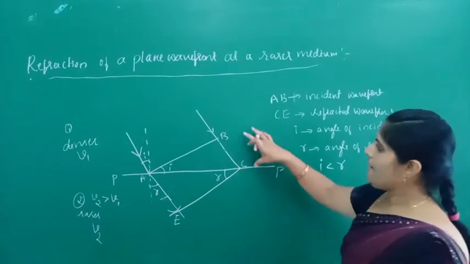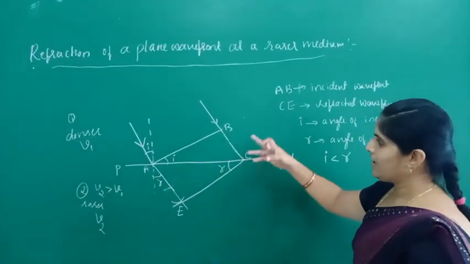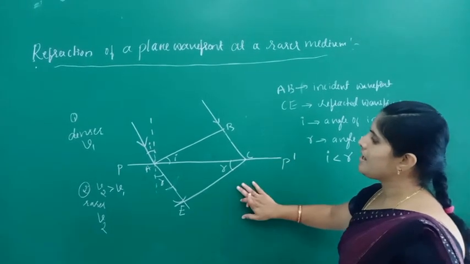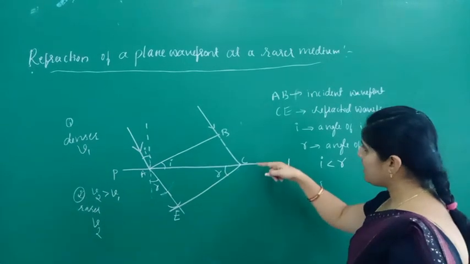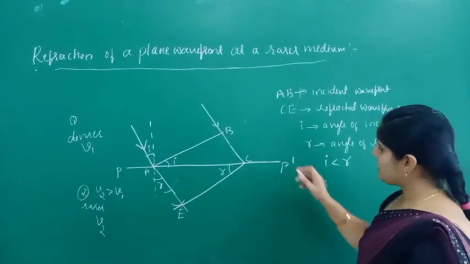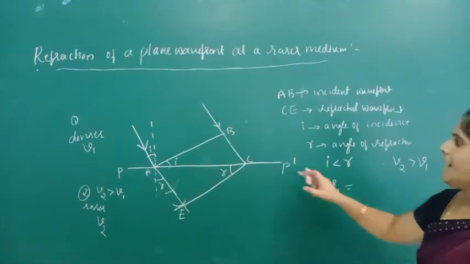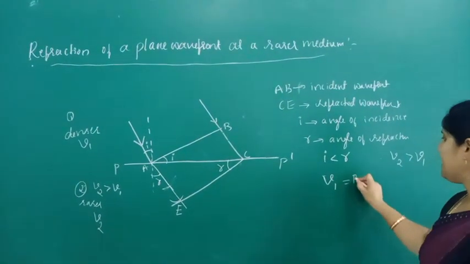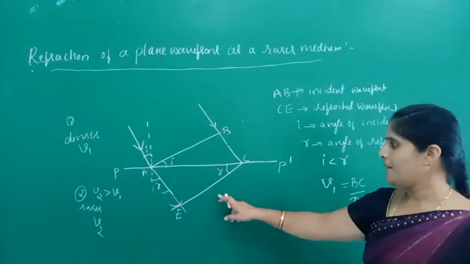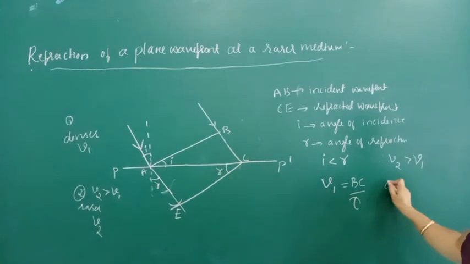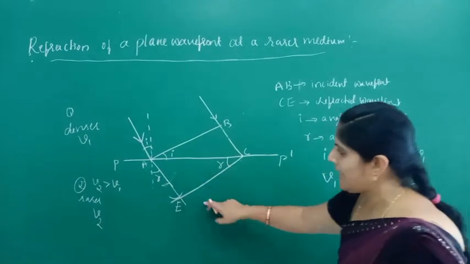So, the distances travelled are BC and AE, and the velocities are different. This is the velocity of the first medium and this is the velocity of the second medium. The velocity of the first medium, to travel distance BC, is given by v1 equals distance by time. This distance is BC, and the time interval is tau. Again the velocity of the second medium is v2 equals distance by time. Distance is AE.